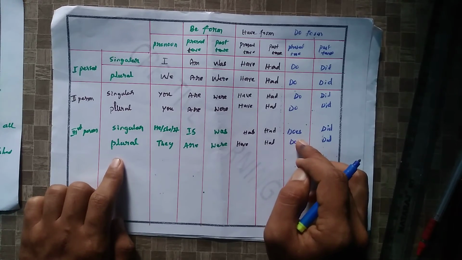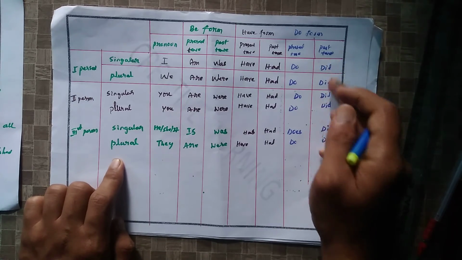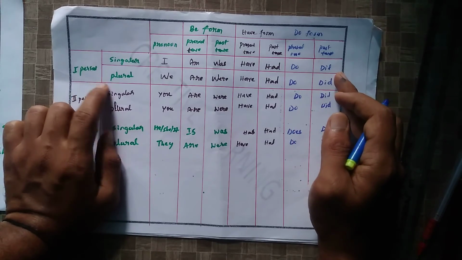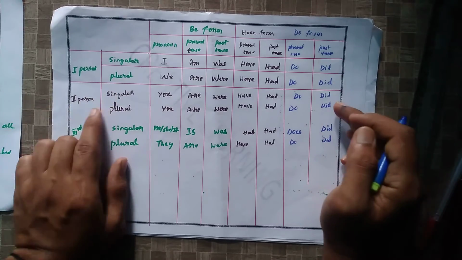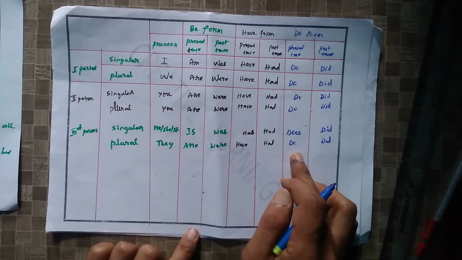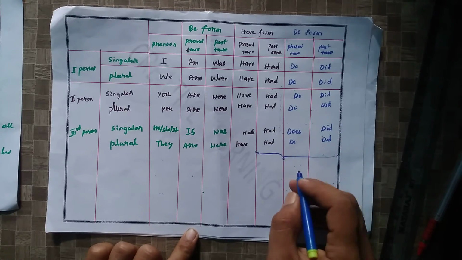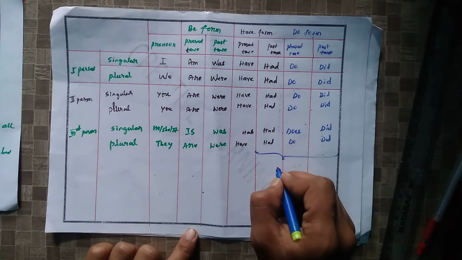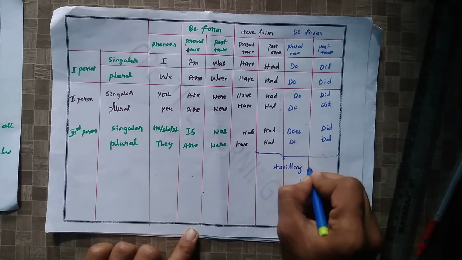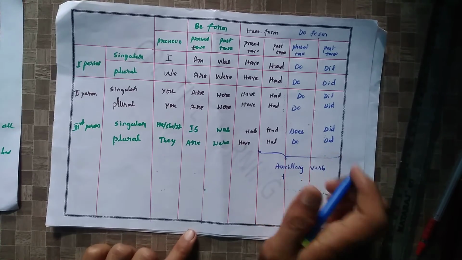For third person plural in present tense we use do. Similarly, in the past tense first person singular we use did. For second person singular we use did. Similarly, be, have, do, did represent the helping verb or auxiliary verb. Now this is a table of auxiliary verbs.